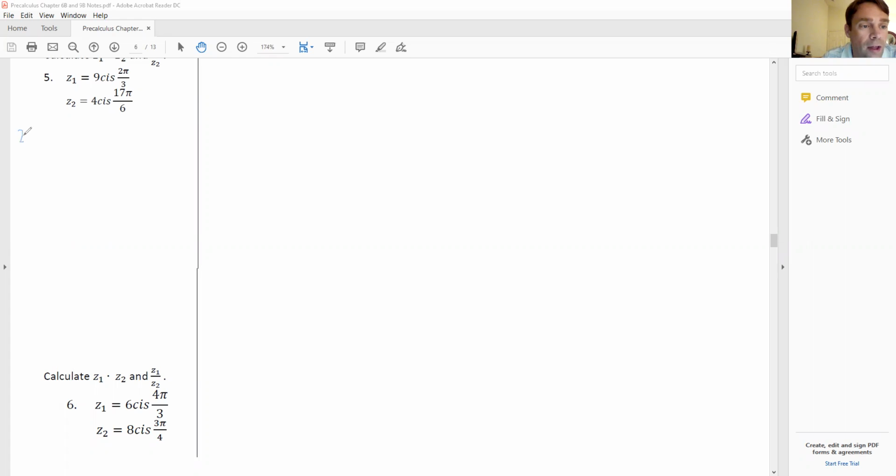When we multiply, we're going to multiply the R values, and then we're going to add the angles.